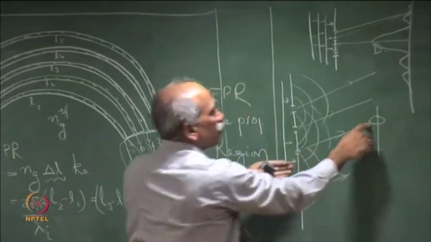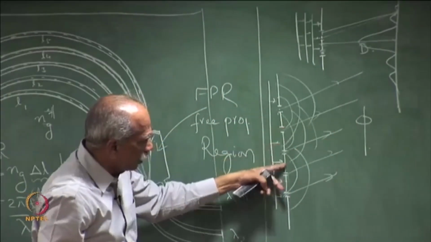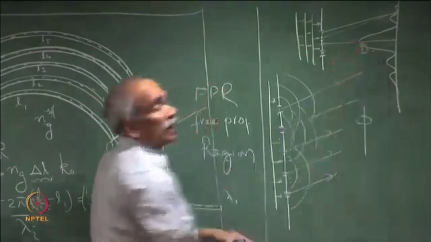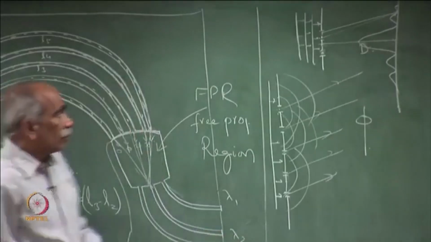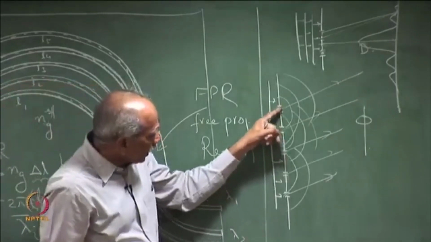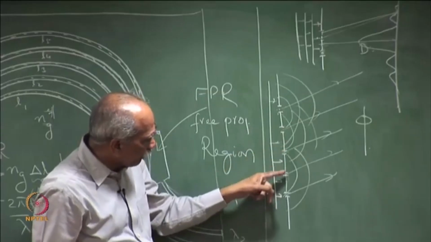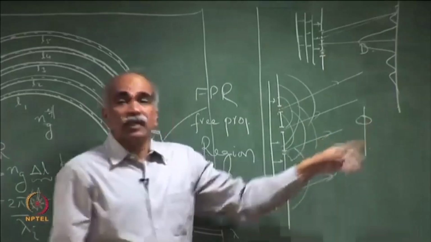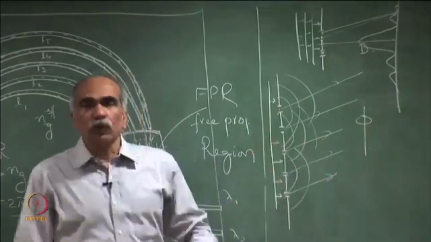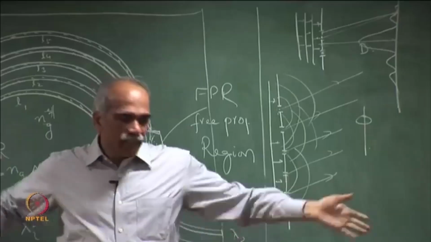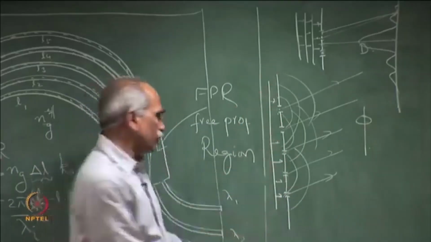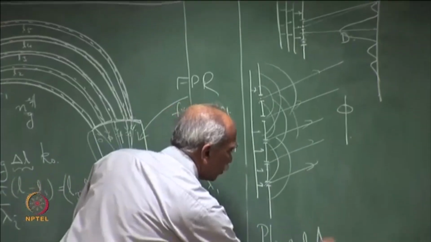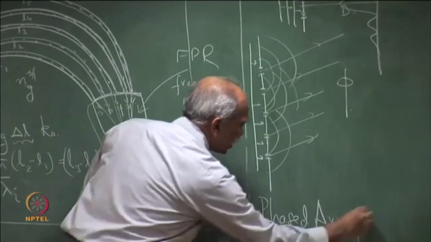A constant phase difference phi will lead to different positions of the peak, and if we continuously change phi, the angle changes. So, when phi is equal to 0, let us say here is the antenna, this is the principle of phased array antenna.